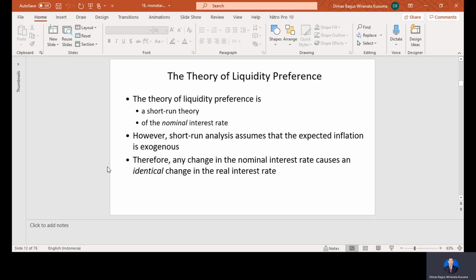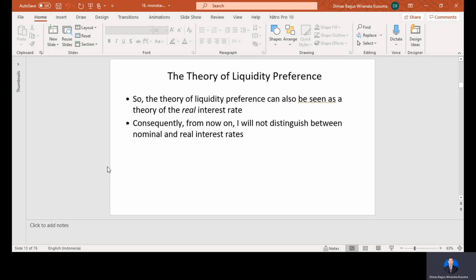The theory of liquidity preference is a short-run theory of the nominal interest rate. However, short-run analysis assumes that the expected inflation is exogenous. Exogenous means out of the control. Therefore, any change in nominal interest rate causes an identical change in the real interest rate.